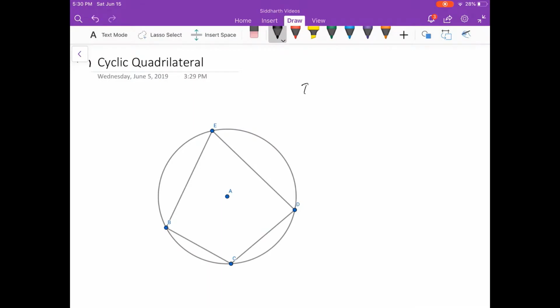We have to prove that angle BED plus angle BCD is equal to 180 degrees.